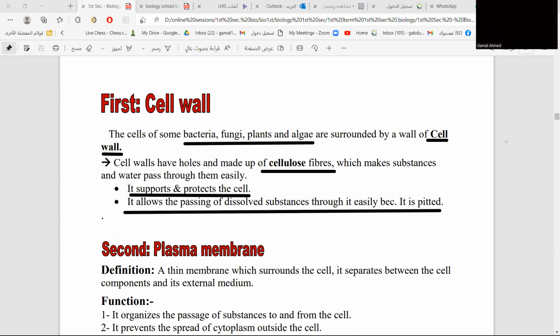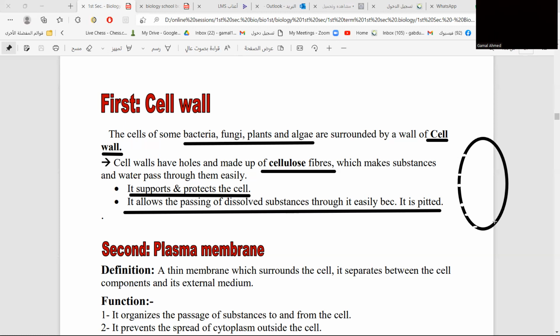It is pitted. The meaning of pitted is that it has many holes to allow the passage of substances, a bit like this. It is not complete, but it is pitted, so it allows passage easily.